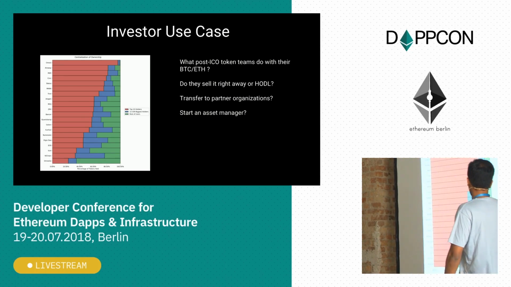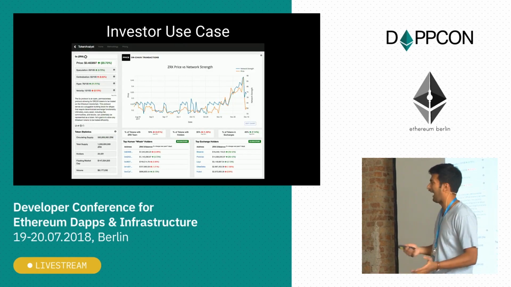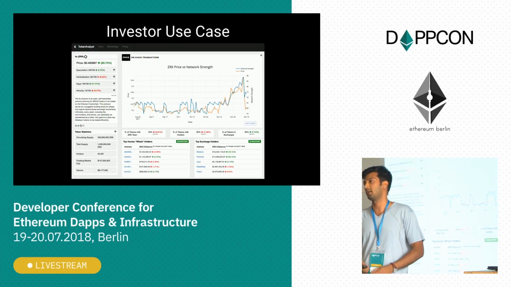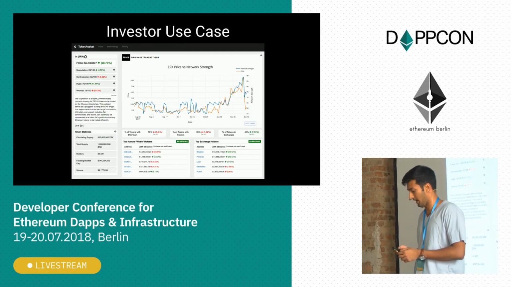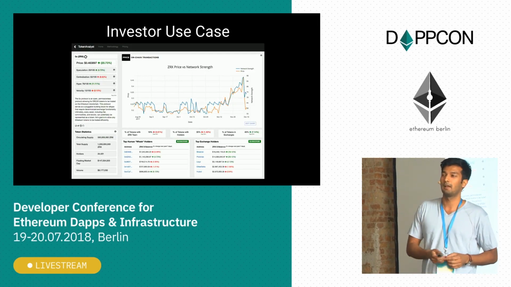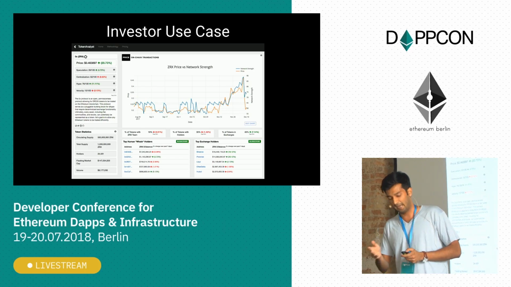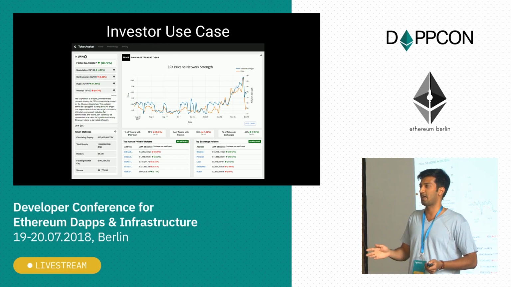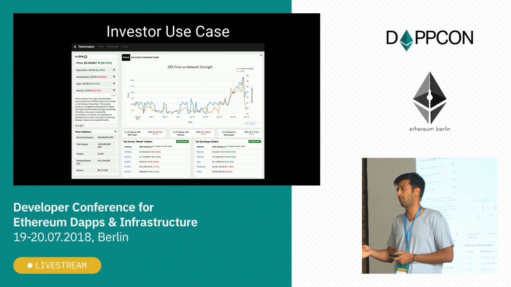Some other questions that come up: everyone's looking for fundamental valuation metrics for crypto assets. I'm sure you might have read about MV equals PQ, the network transaction ratio, or whatever is coming out.